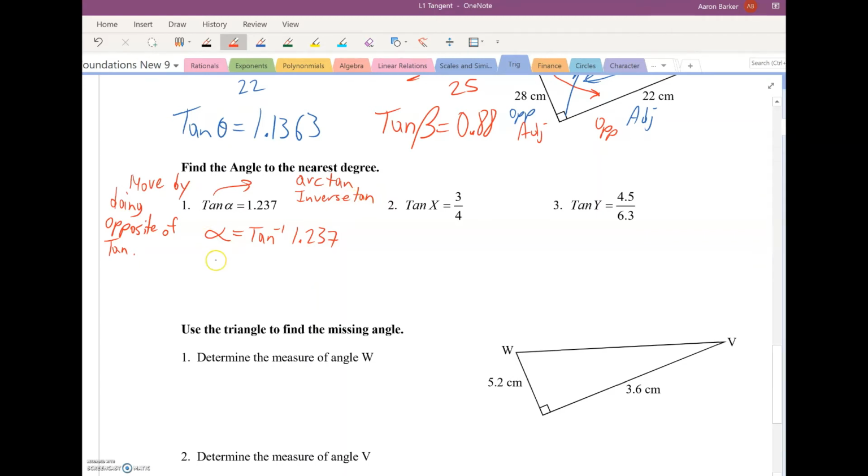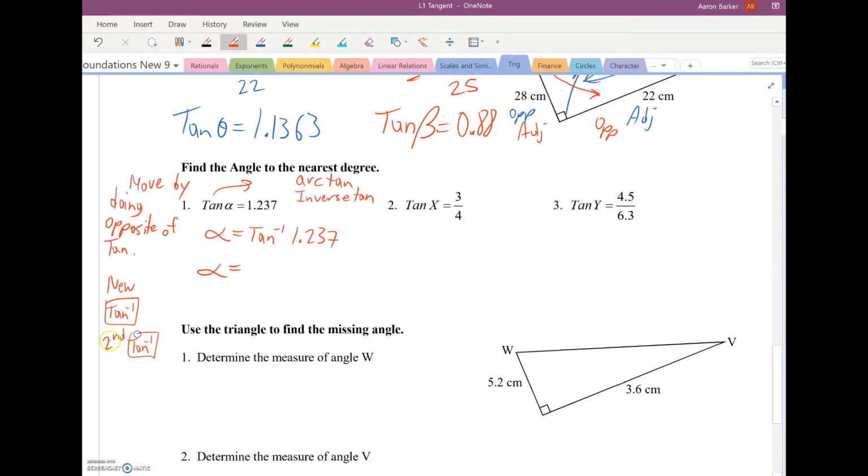Then we go to our calculator, and our calculator will pop this answer out for us. However, you have to know whether you have a new or an old calculator. For a new calculator, it's simple. You press your tan negative 1 button, which you get by going second function tan, to get the tan minus 1.